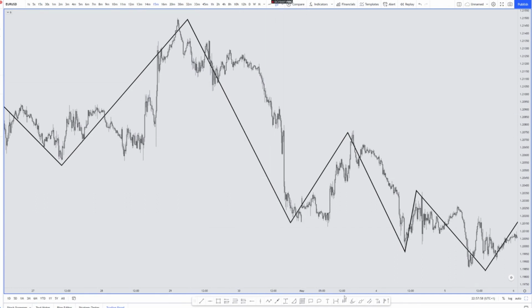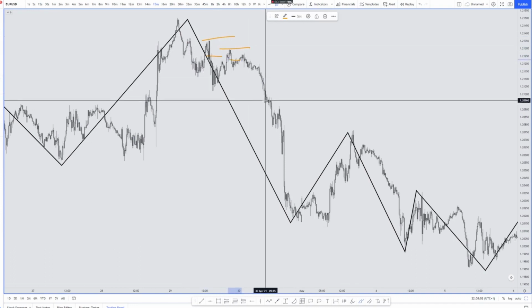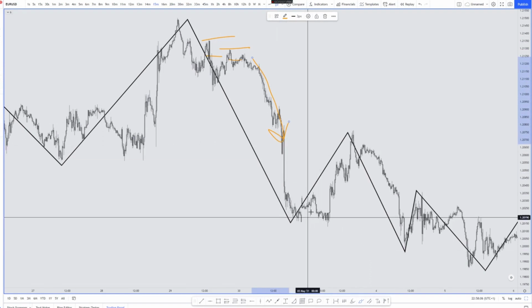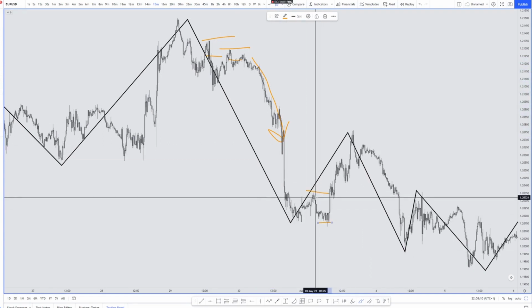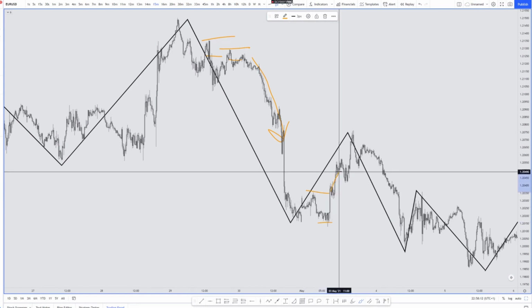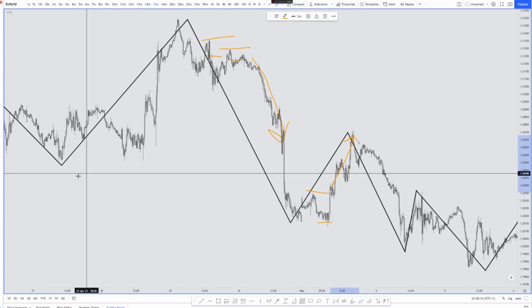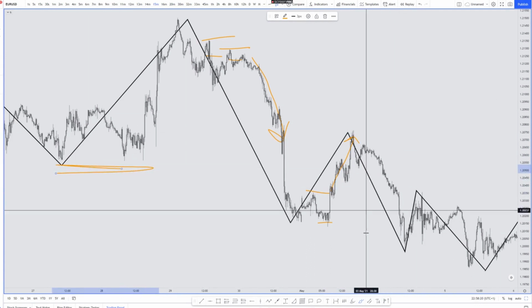So if this whole time we have supply in control, and pretty much this whole time supply is in control, now on the 15, supply finally loses control here and demand takes over. Now we don't know if it was just going to be to grab this liquidity or if the 4-hour is going to confirm the trend.